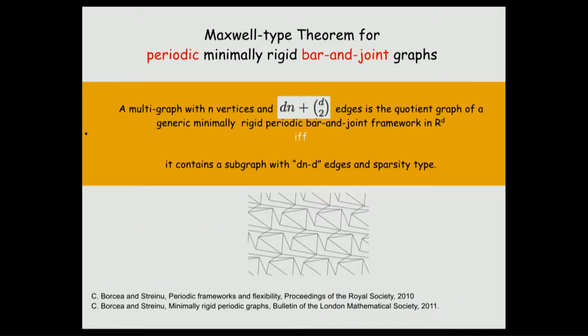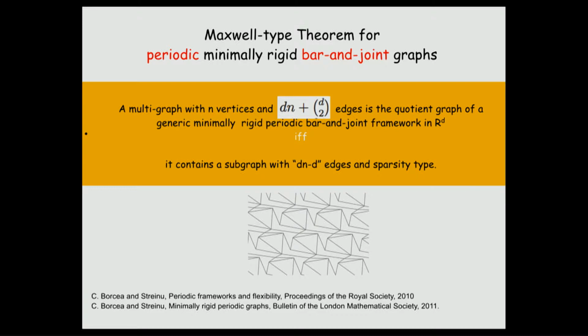Okay, so now let me tell you about the other approach with Ciprian. So this is a Maxwell type theorem. So it's a combinatorial characterization, and also it's a sparsity characterization for periodic minimally rigid bar and joint graphs. And it is done in terms of what we call the quotient graph, which is the graph with one vertex for each orbit and one edge for each edge representative. And this is in general a multigraph.